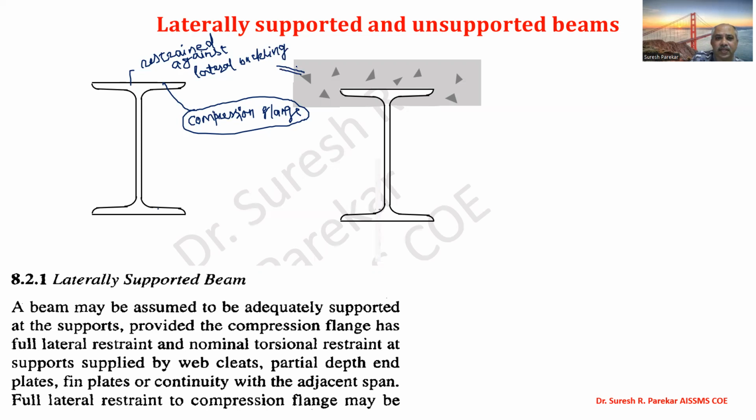So here you can see this flange, we have not restrained against lateral buckling. Not restrained. A beam may be assumed adequately supported at the support provided the compression flange, this is the most important word, has full lateral restraint and nominal torsional restraint at support supplied by web cleats or partial depth end plate.